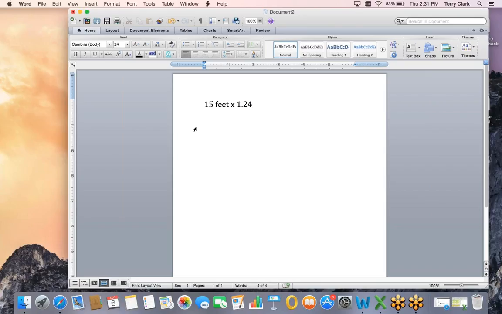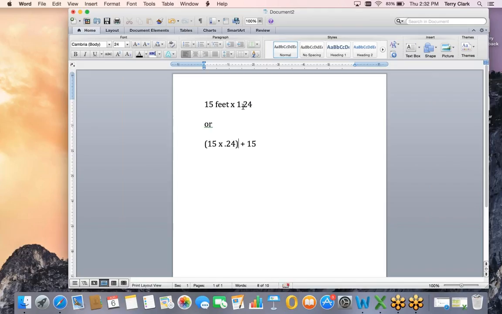Now you can do that one or two ways. You can go 15 times 1.24, or we can go 15 times 0.24, and then we can add that to 15. So we can do it either way.